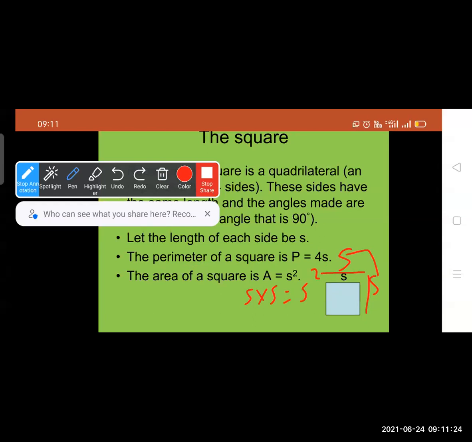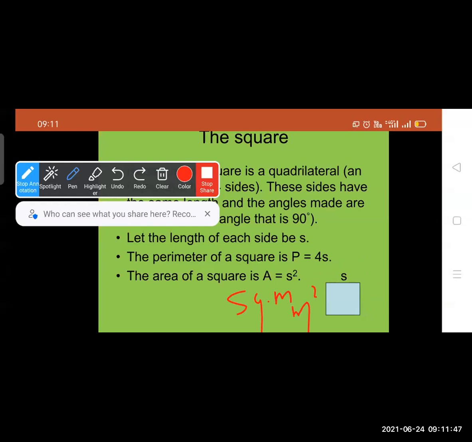If the unit of the side is meter, then meter into meter is equal to meter square, or you can also write square meter, same meaning. See students, area is two-dimensional, and perimeter is one-dimensional.